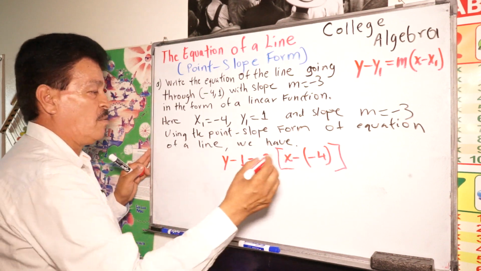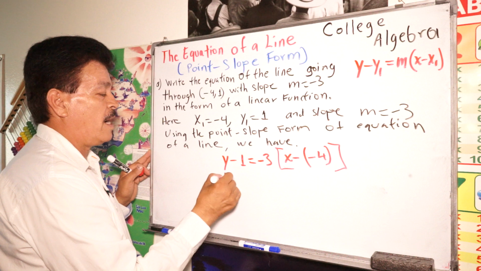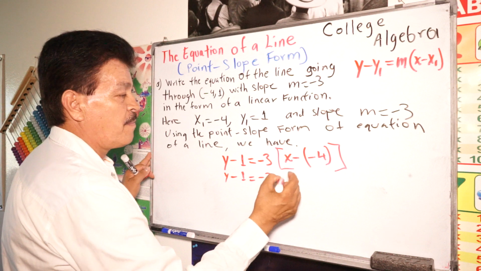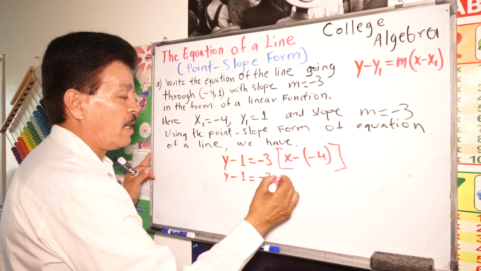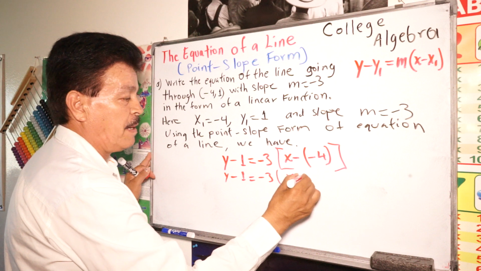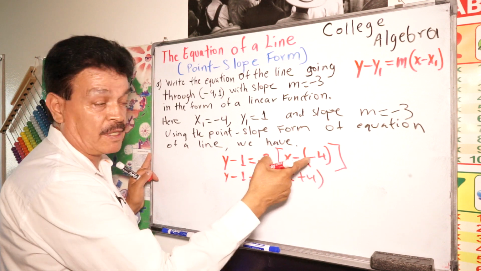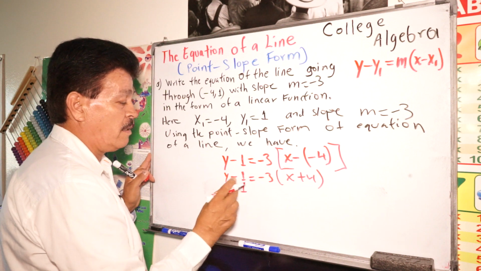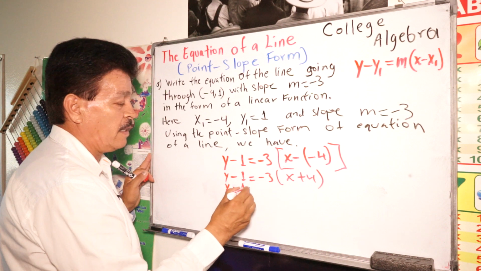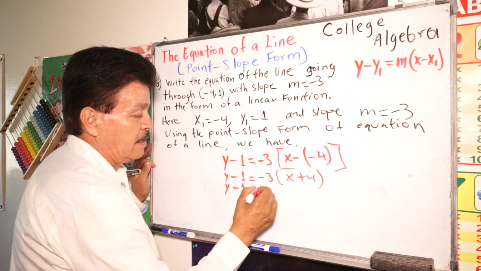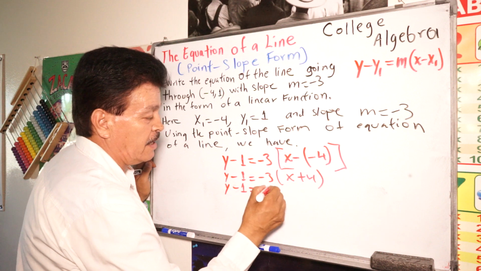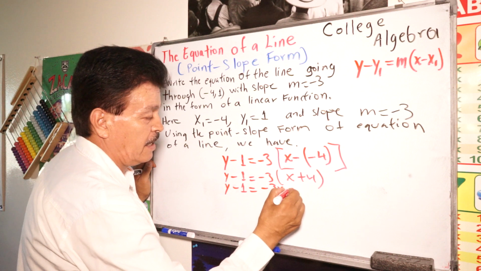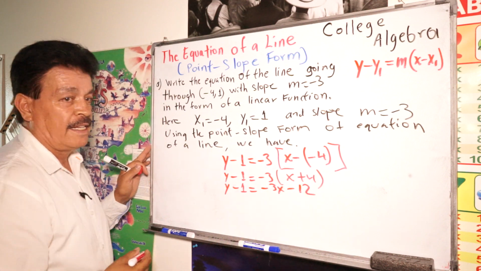Now simplify: y minus 1 equals -3 times x plus 4. Remember, negative times negative is positive. So next step, y minus 1 equals -3 times x is -3x, and -3 times 4 is -12.